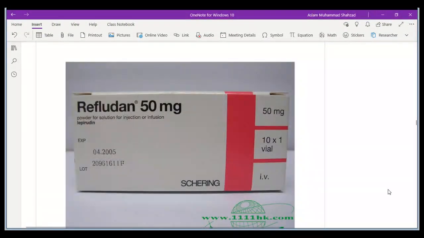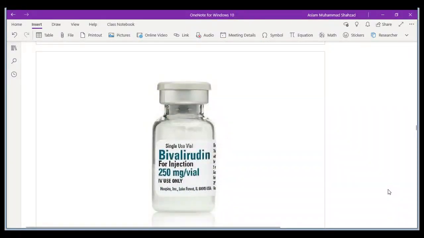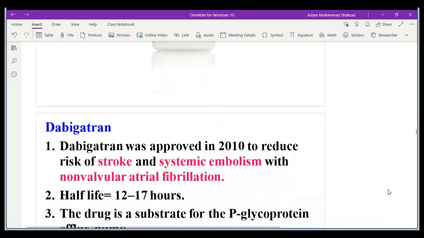The drug available in the market, lepirudin, has the commercial name Refludan, 50 milligram, and bivalirudin is also available in vial form as 250 milligram per vial for intravenous administration.